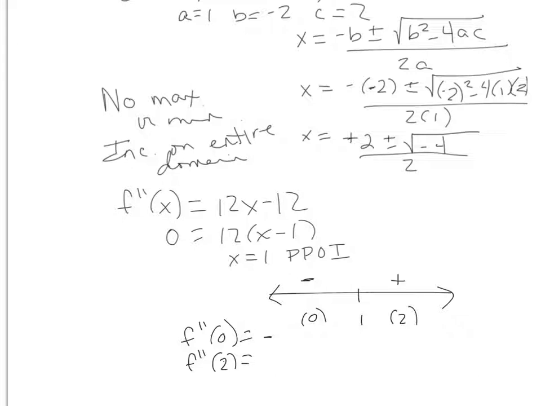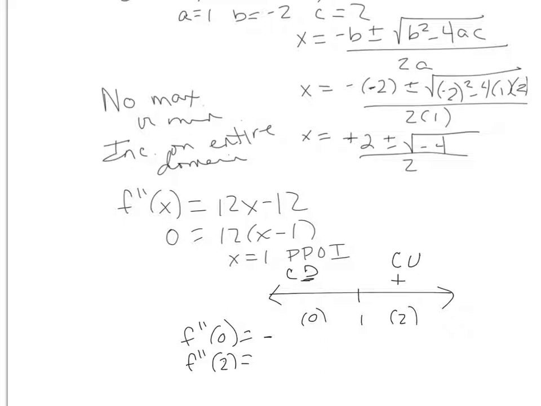A positive. Do I have a change in concavity? Because the negative sign tells me this section of my graph is what? Concave, which way? Concave down, because that's what the negative sign means. The positive sign tells me it is concave up.